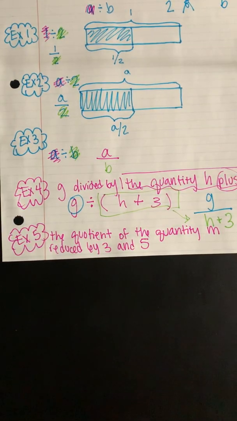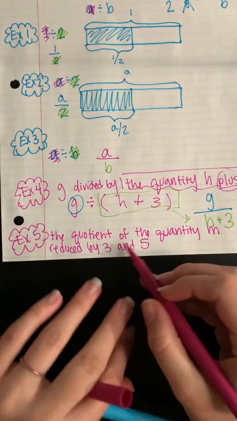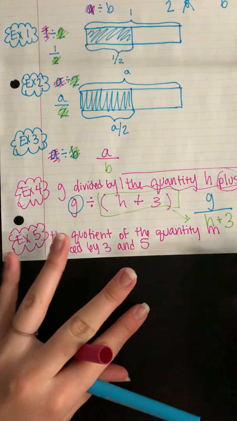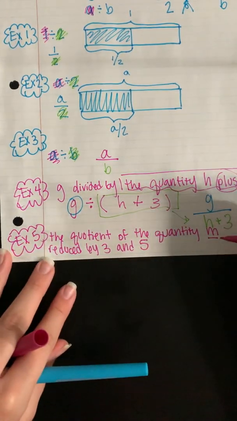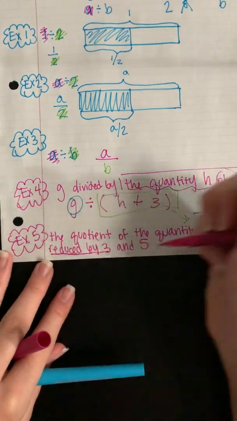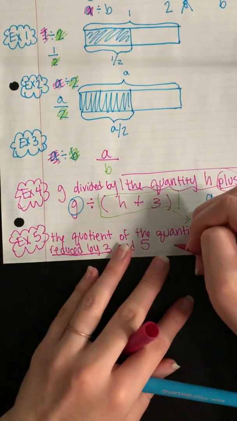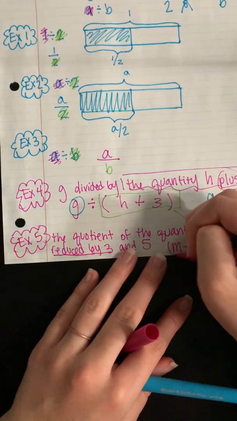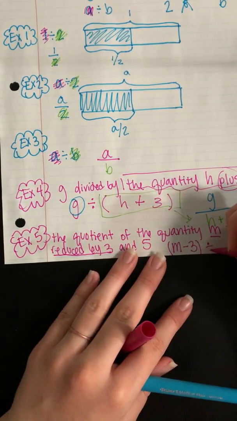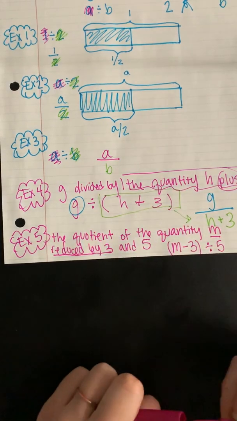Okay, so I could start it off by using the division symbol, and then eventually we want to take that division symbol away. So the quotient of the quantity m, so that means, oh, m reduced by 3, that all goes together. So m reduced by 3, that would be like m minus 3, and they want us to divide that by 5.